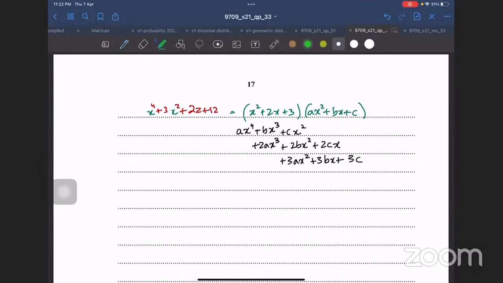Now some of these are easy. A is therefore equal to 1. 12 is 3c. C is 4. And this is x. 2 equals 2c plus 3b.